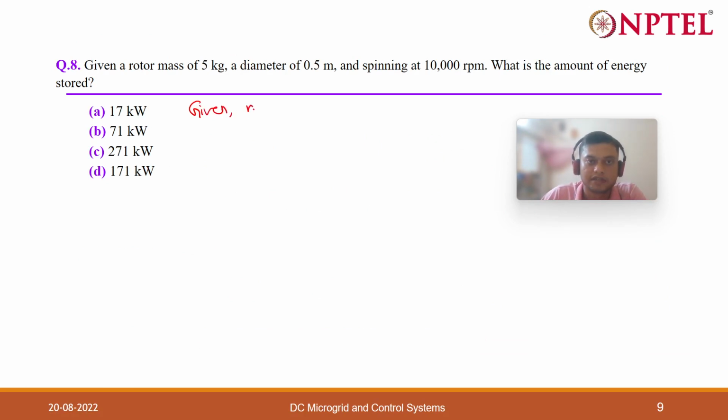We have given mass, you can denote it as 5 kg, and diameter as 0.5 meter, and it is rotating at 10,000 rpm. From there you can calculate the velocity in meter per second.